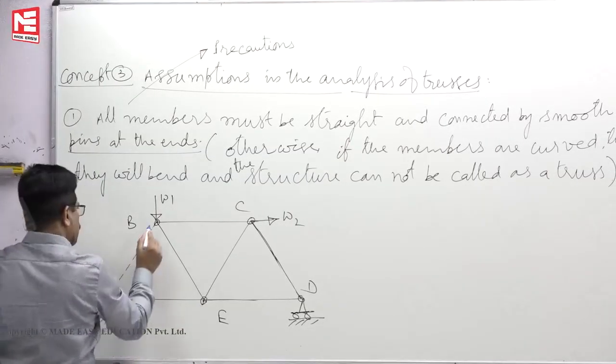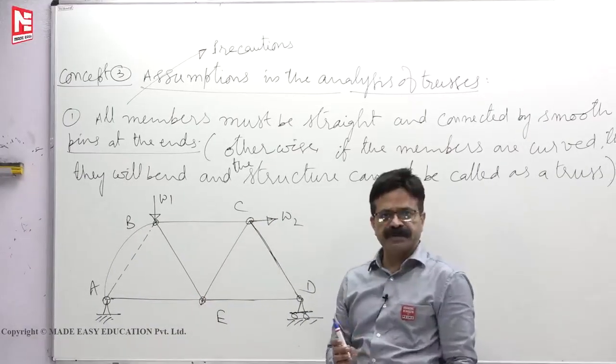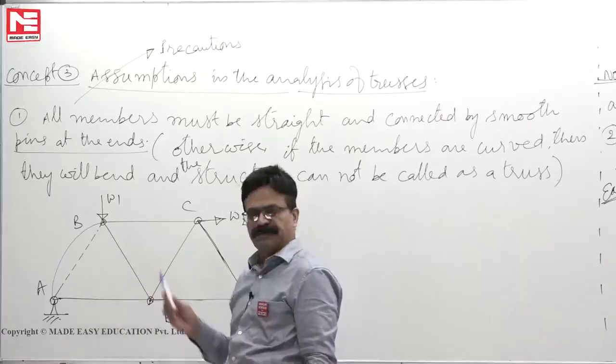You are having a curved member like this. Assume that you have a curved member. AB is not a straight member, curved member.